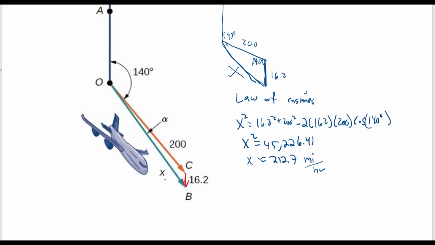Now we want to know what the actual angle is going to be. If I call this alpha here, we can use alpha compared to 16.2, so sine of alpha over 16.2 is sine of 140 degrees over x, which was 212.7.